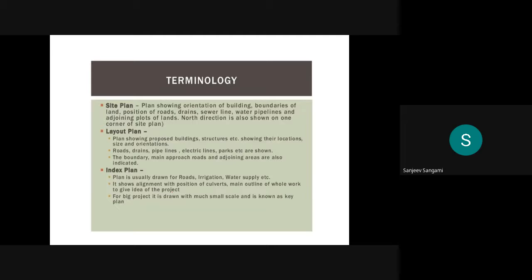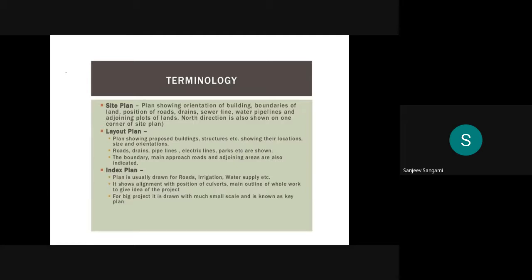For example, if you are preparing layouts and creating apartments, the numbers will be mentioned in each layout. But a site plan is like a rough sketch.